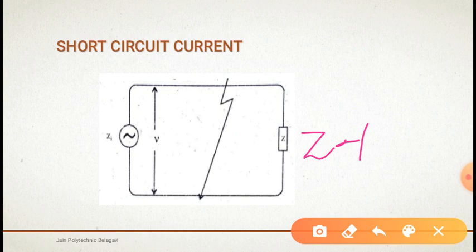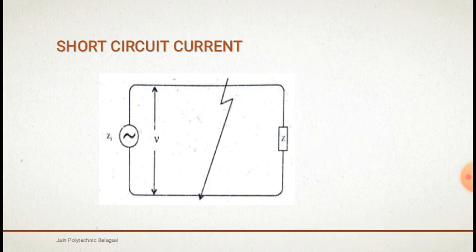When there is no fault, the current flowing through this circuit is limited by this load impedance. During the short circuit, the impedance will become very less. Due to this, a large amount of current will flow through the circuit. This large amount of current is called short circuit current.